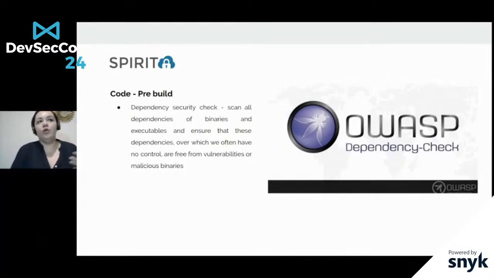It's more common nowadays to have open source code introduced into your own code, so you have to check the binaries, libraries, and all the dependencies that you are using, checking for malicious code. A market standard, of course, is the OWASP Dependency-Check, but you have more options out there. Snyk is a great company, and I am feeling that they are going open source, but I am not sure and I cannot confirm.